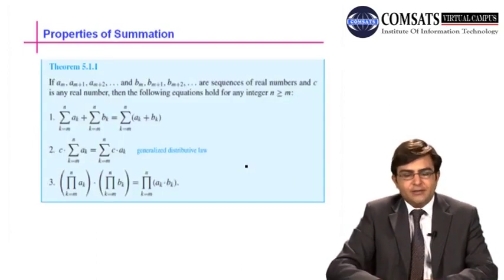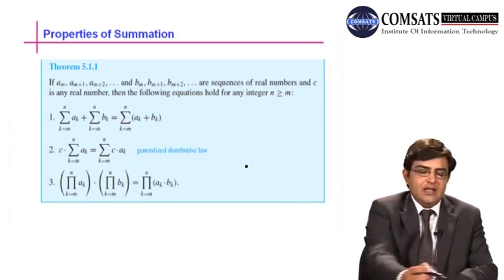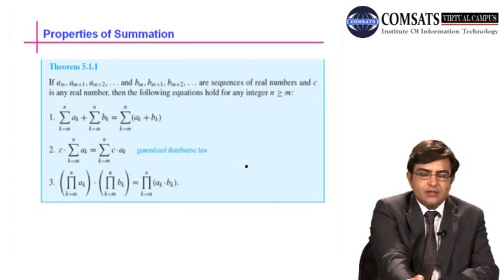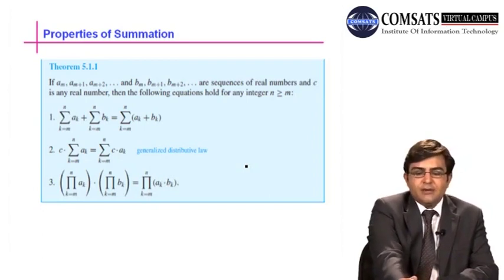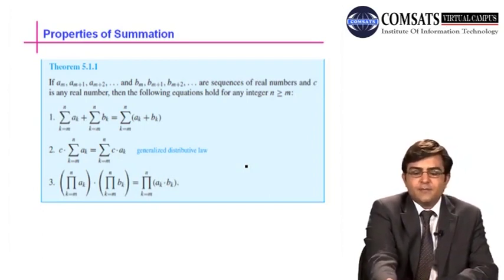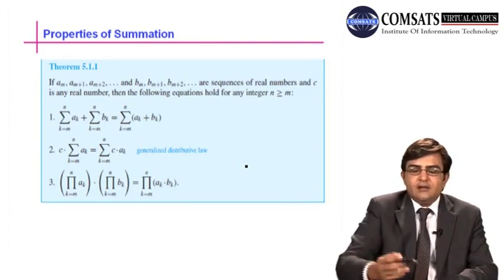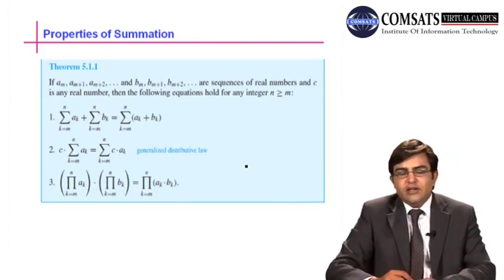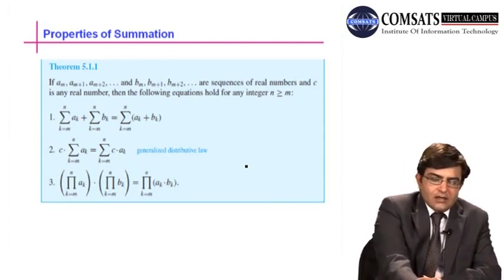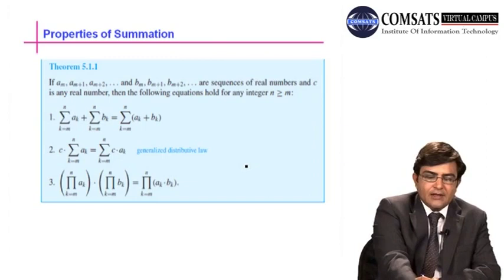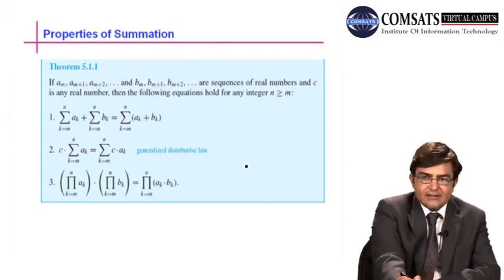Now, properties of summation notations. If we have two sequences a sub m plus 1, a sub m plus 2, and so on, and b sub m plus 1, b sub m plus 2, and so on, then we can define the sum k equal to m to n of a sub k plus the sum k equal to m to n of b sub k like this.